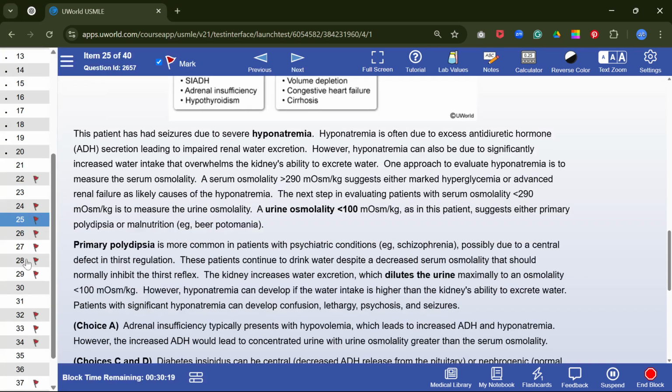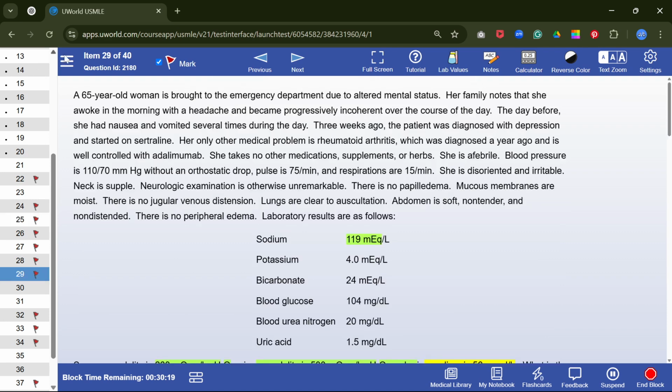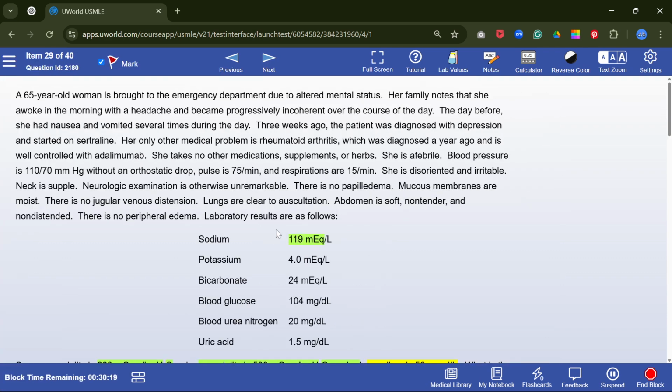Okay, look at this question. Again, serum sodium is low.